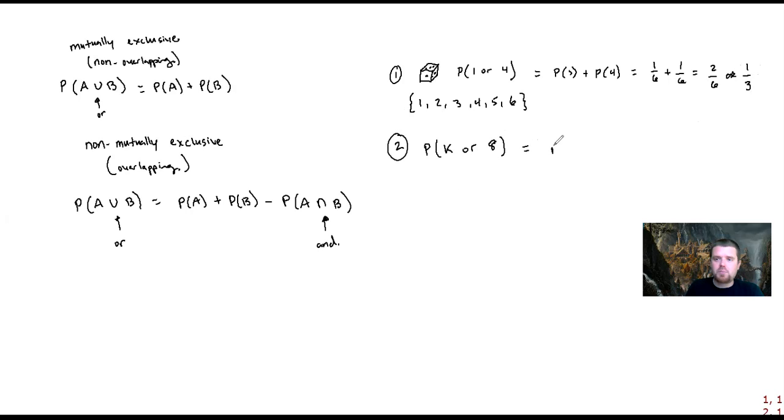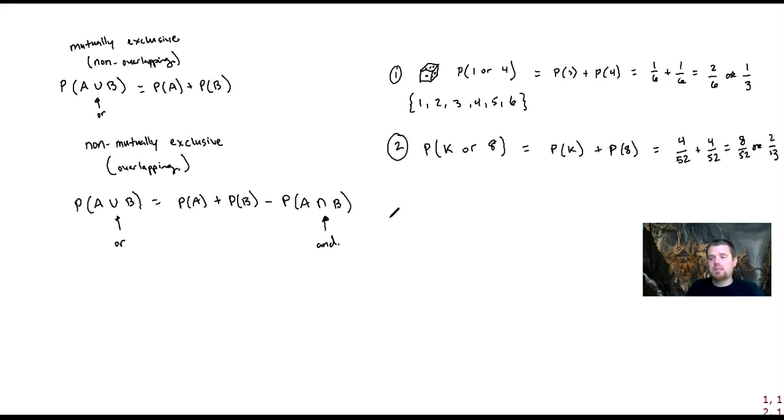So this would be simply the probability of pulling out a king plus the probability of pulling an 8. There are 4 kings in a deck, and there are 52 cards. So this would be 4 out of 52 plus 4 out of 52, which is, of course, 8 out of 52, or 2 out of 13 if you simplify the fraction. So those are pretty straightforward. Those are mutually exclusive events.